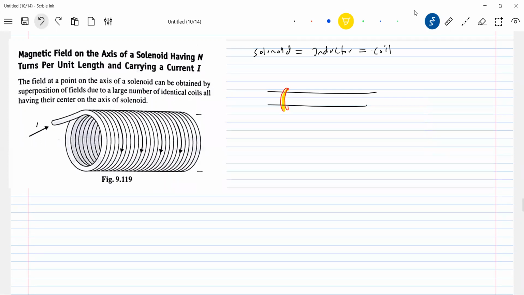I think they may test you with this, because in the lab also we are going to work out a solenoid experiment. So this is not a solid, it will be liquid. So there's a wire, one first turn, there's a second turn.